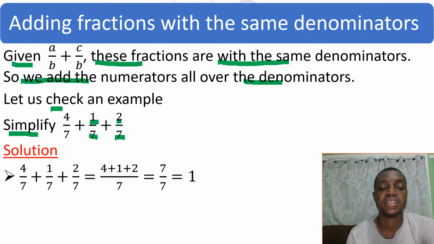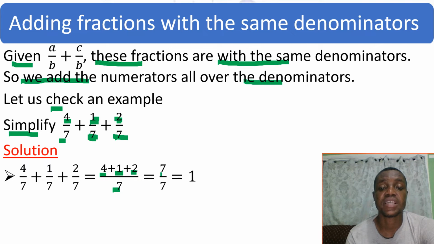If you check this, the denominators are the same: 7, 7, 7. So what we have to do is add the numerators, which are 4, 1, 2. Solving 4 over 7 plus 1 over 7 plus 2 over 7 will be equal to 4 plus 1 plus 2 all over 7, because the denominators are the same. 4 plus 1 is 5, plus 2 is 7.